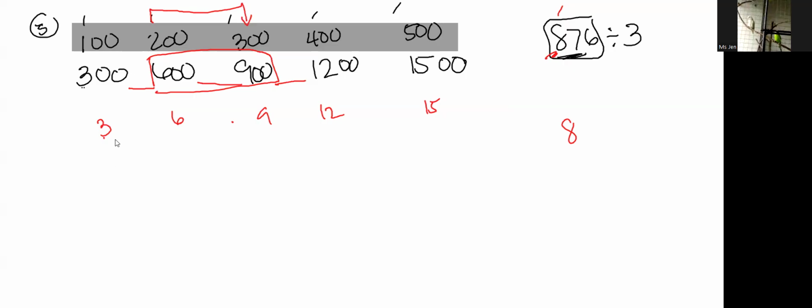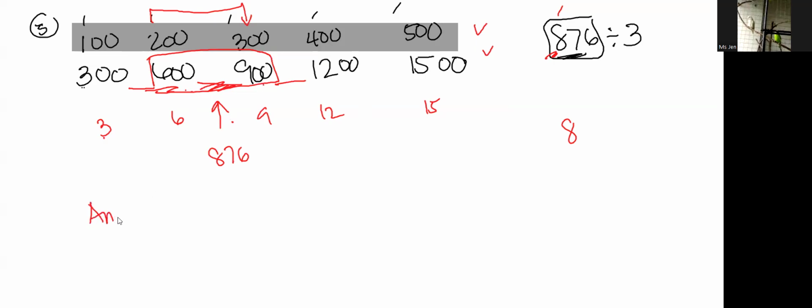So for number 5, it says, explain how you could use estimation. So you can use this table. You can say that 876 is in the middle of 600 and 900. That's actually what you're going to say, after you copy this table, by the way. So 876 is in the middle of 600 and 900.